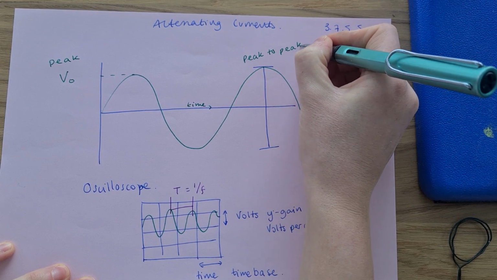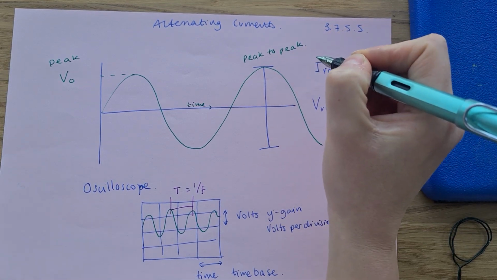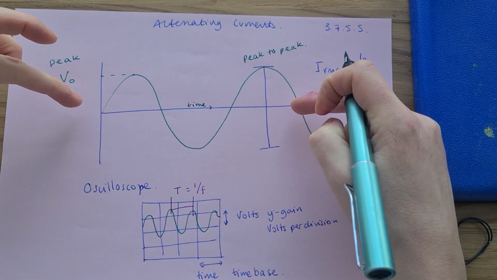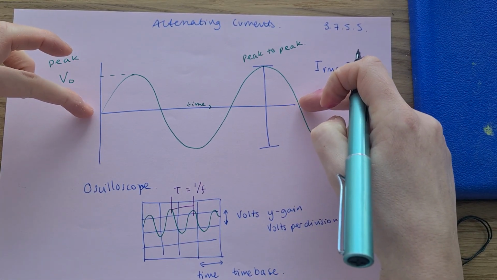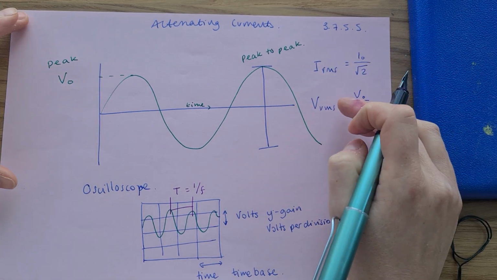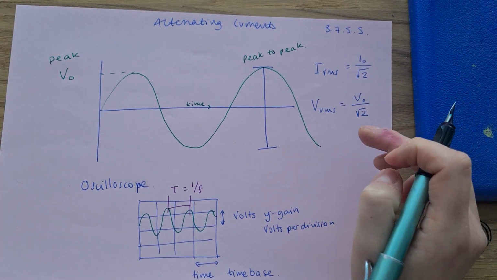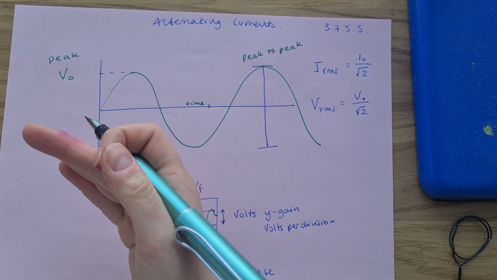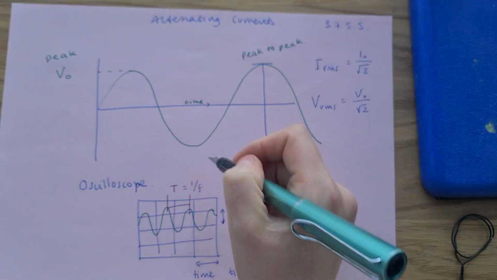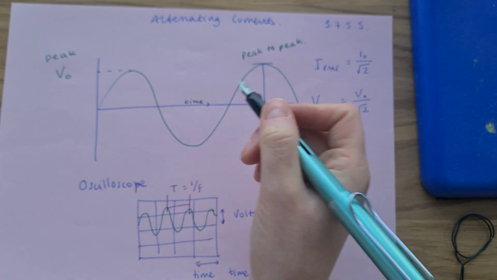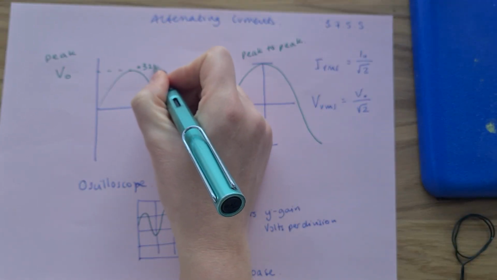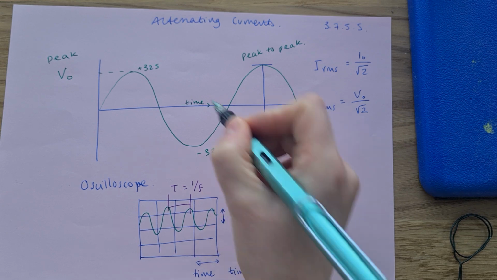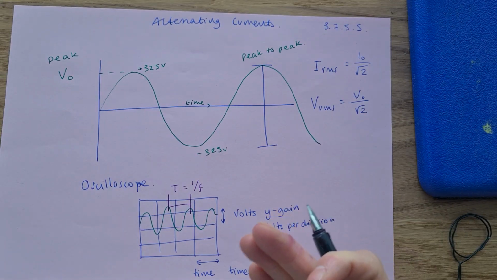In some cases it's not easy to measure the peak voltage, or if it's not centered, then it might be easier to measure the peak to peak and divide it by 2, because half of the peak to peak is the peak voltage value, because it goes up and then it goes down. So for UK mains electricity, it goes up to plus 325 and down to minus 325 volts.